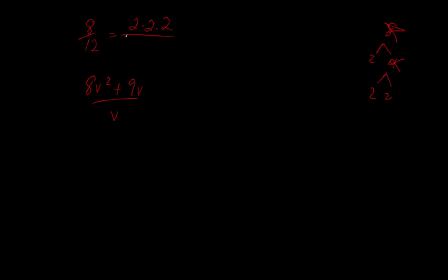And 12, if you did that way, you'd get 2 times 6, which is 2 times 3. And because when you multiply fractions, you just multiply straight across, I can split this apart. It's 2 over 2, 2 over 2, 2 over 3. Well, this is 1, and this is 1. So that's why this just equals 2/3.